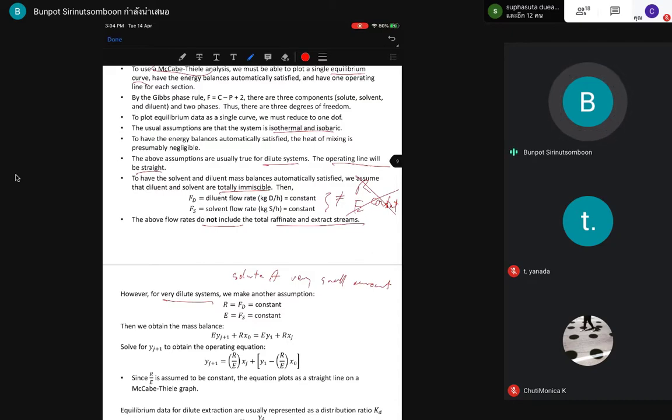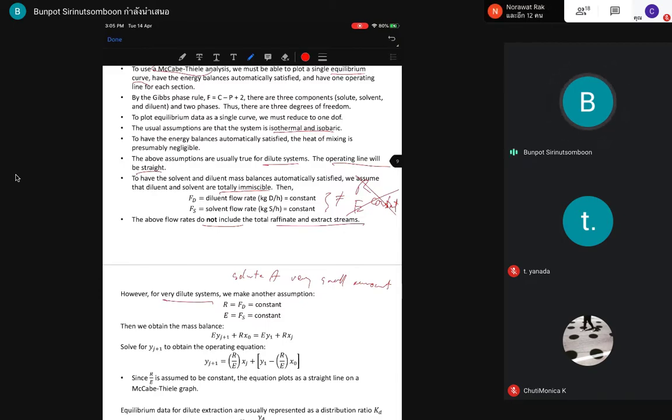Because the amount of solute is very small, you can approximate and say that the raffinate flow rate is about the same as the diluent flow rate, and the extract flow rate is about the same as the solvent flow rate.